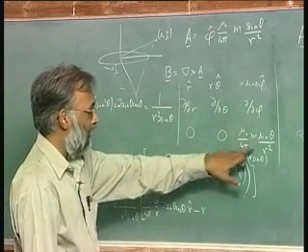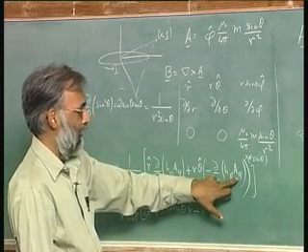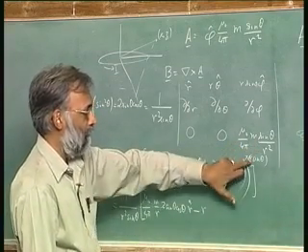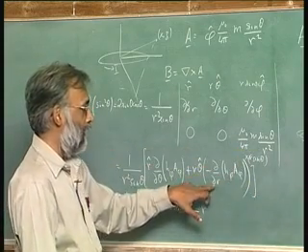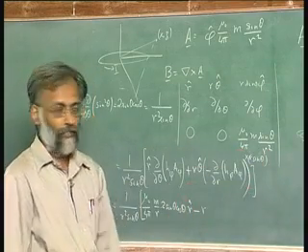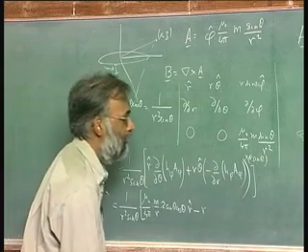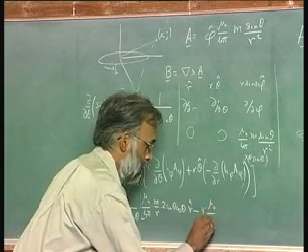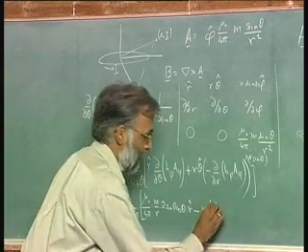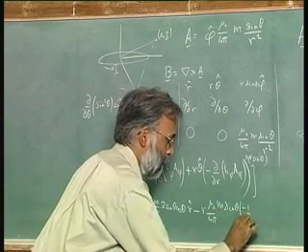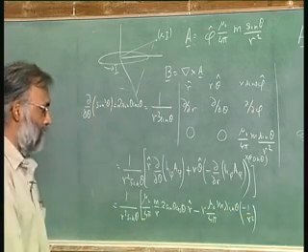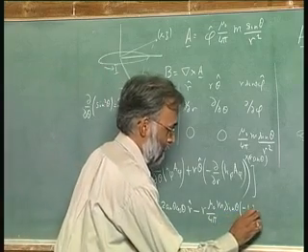Now, I want the r derivative of h phi A phi. This is 1 over r, because there is a r in the numerator and r squared in the denominator. If you take del r of 1 over r, it is minus 1 over r squared. So, you just write out mu naught over 4 pi m sin theta times minus 1 over r squared, and this is along theta.